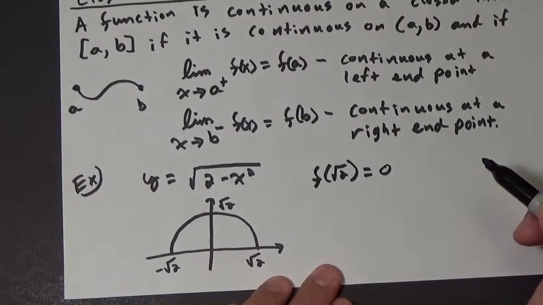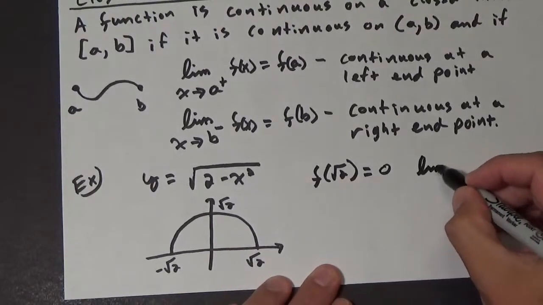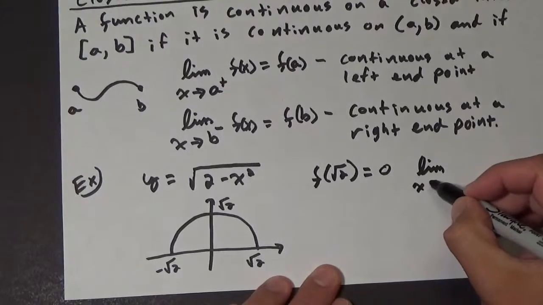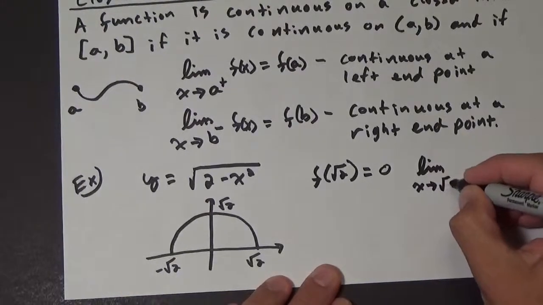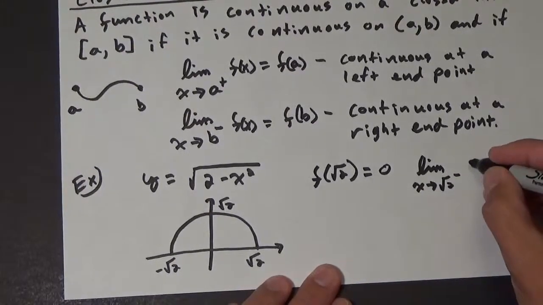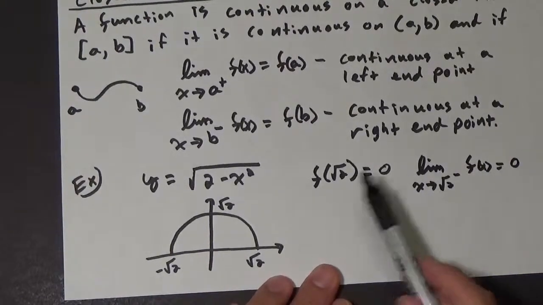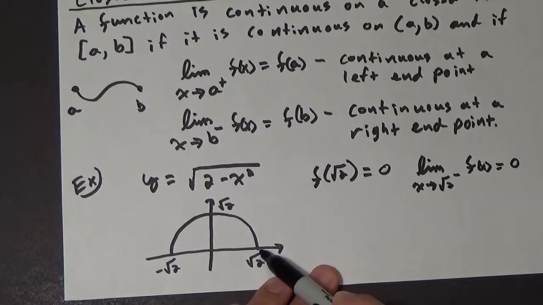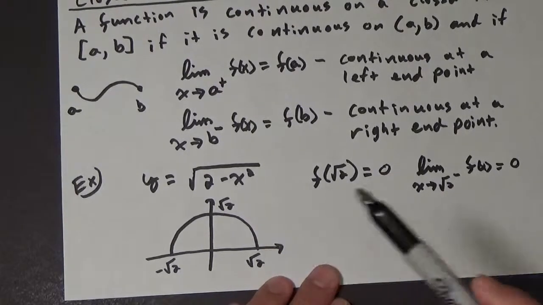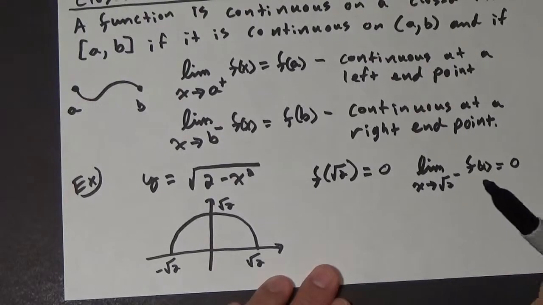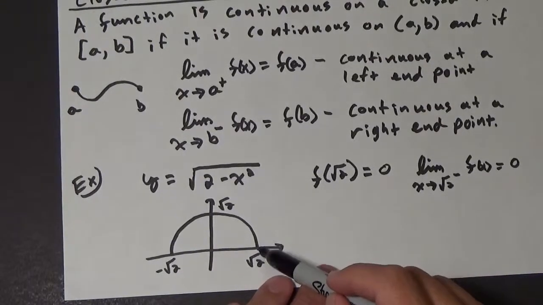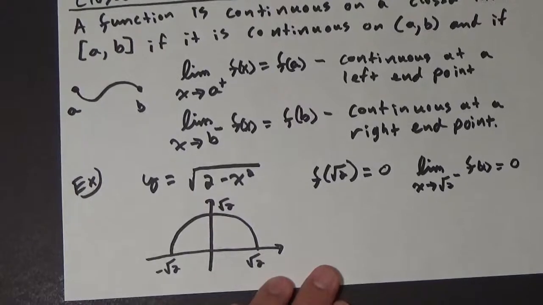And the limit as x approaches the square root of 2 from the left-hand side of f of x also equals 0. Because the left-hand limit equals the function at the square root of 2, we can say it is continuous at the right endpoint. Then you can do the same thing for the left endpoint.